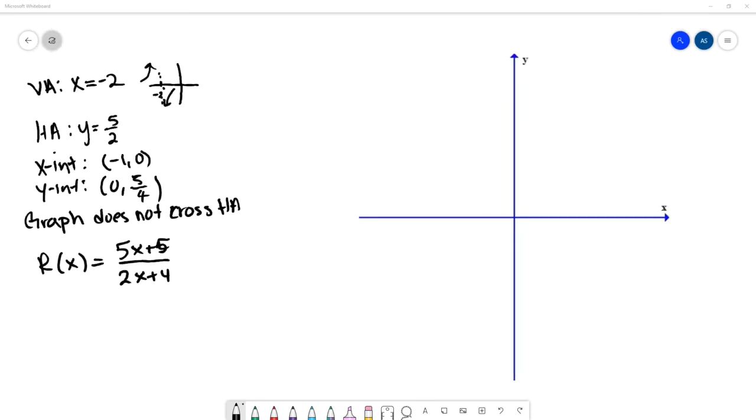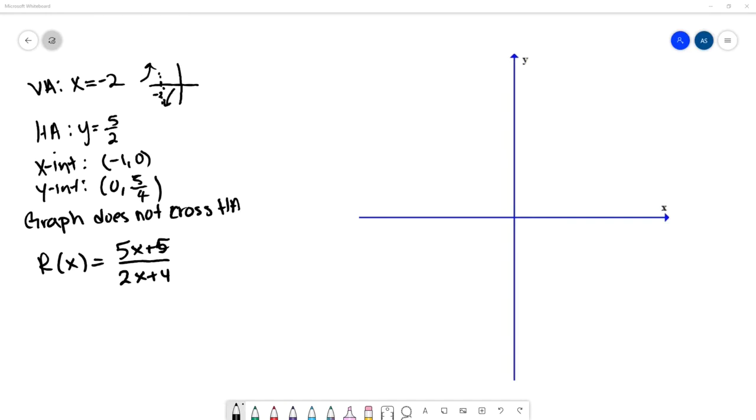So we're going to put all of this together in order to sketch the graph of our rational function. So I wrote down everything that we figured out. We have a vertical asymptote at x equals -2, a horizontal asymptote at y equals 5/2.